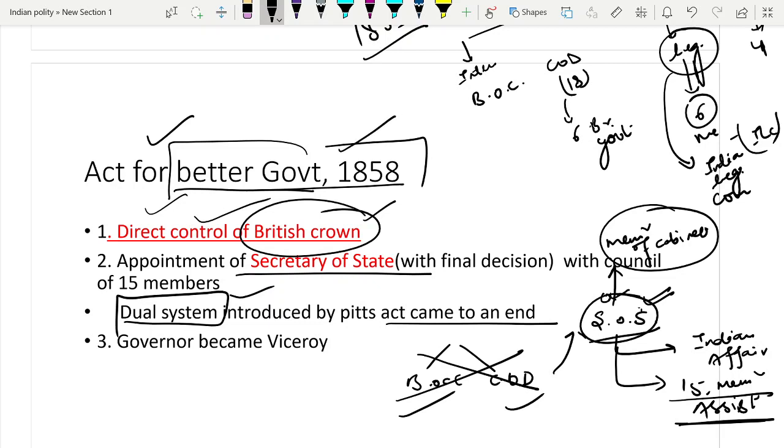And the second thing is that this SOS will be responsible for the administration of India, but all the real powers were vested with the Viceroy, and this Viceroy was nothing but the Governor General, who was named Viceroy from now onwards. So this was how the changes were brought by this act of 1858, and the first Viceroy was Lord Canning. This was all about the 1858 act, right?